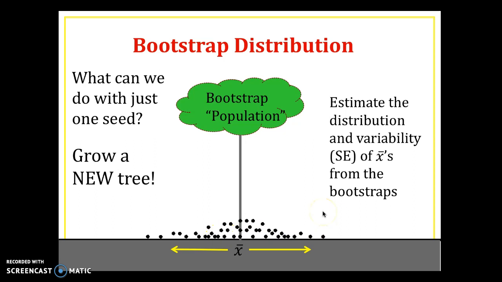So all these bootstrap sample means will be computed from just this one sample mean. And the hope is we will capture the true population mean somewhere in this sampling distribution, the bootstrap distribution spread.